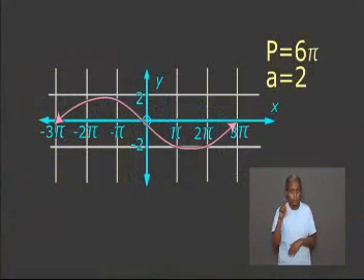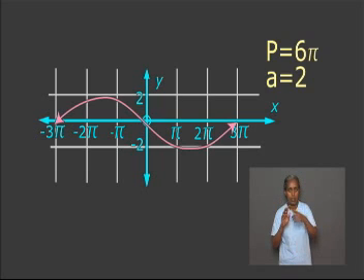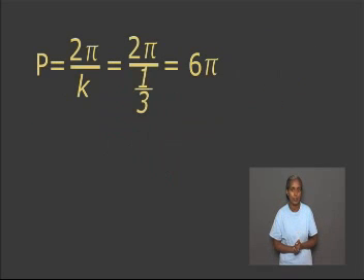Hello, students. Does your graph look like this one? The period of this function is 6 pi, and the amplitude is 2. For the period, we use 2 pi over 1/3, which is 6 pi.